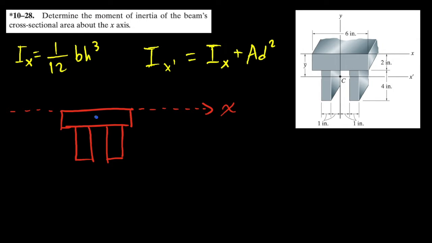I will mark each center of mass of the rectangles with the blue color as such, and I will tell you the distance between the x-axis and each center of mass with this blue distance indicator. So we see in the diagram it says 2 inches for the width of this rectangle and 4 inches for the width of this rectangle.